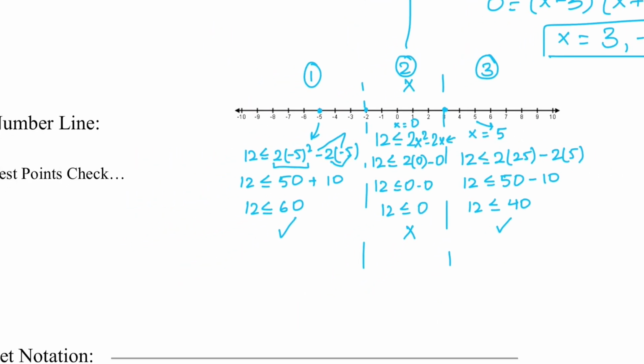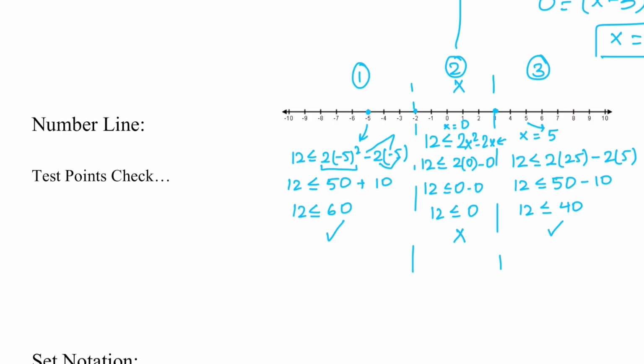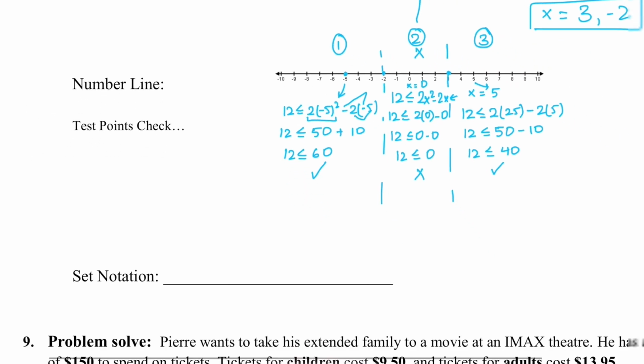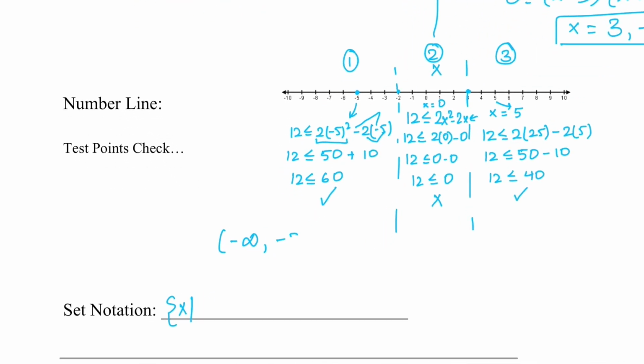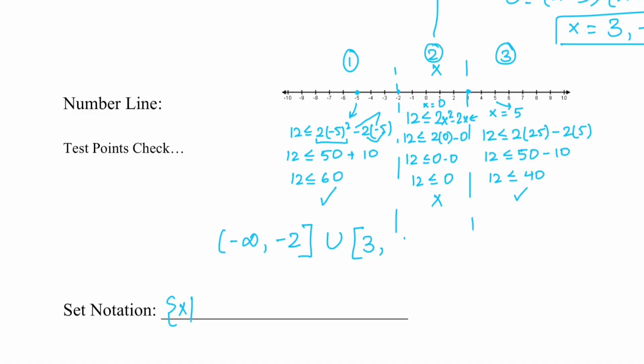That means my solution is going to be, let's do interval notation first. So it's going to be from negative infinity all the way till negative 2 square bracket union, because or, 3 till positive infinity.